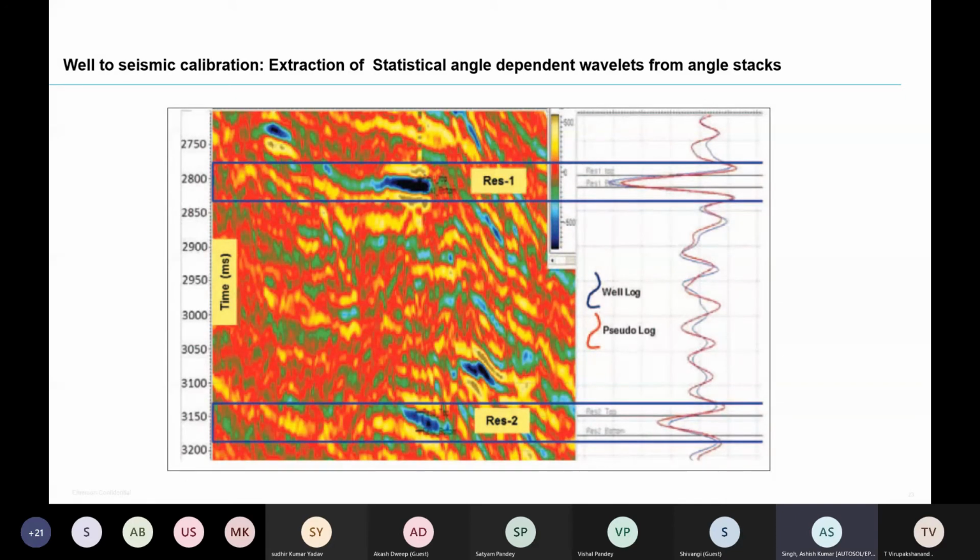If it is not matching, that means your parameter is wrong, your wavelet estimation is wrong. So at the well, your inverted property should match. If it's not matching, then the inversion is wrong. This is one of the QCs I'm showing you.